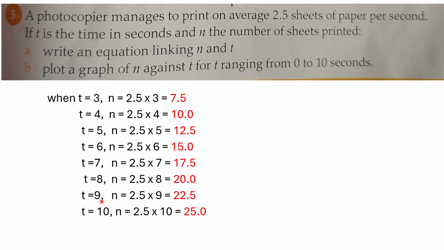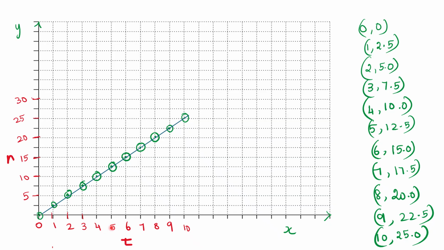When t equals 9, n equals 2.5 into 9, which is 22.5. When t equals 10, n equals 2.5 into 10, which is 25.0. Let's plot the coordinates.